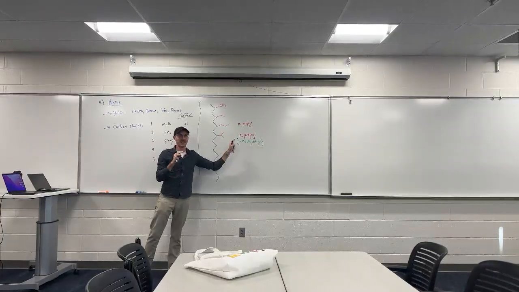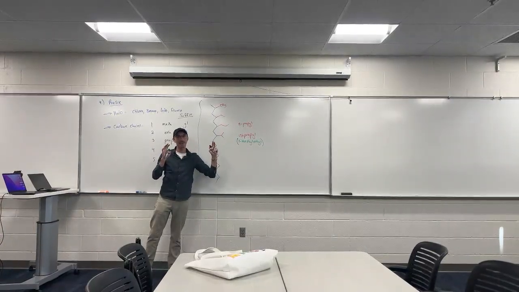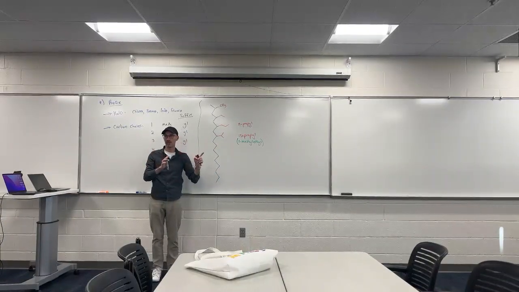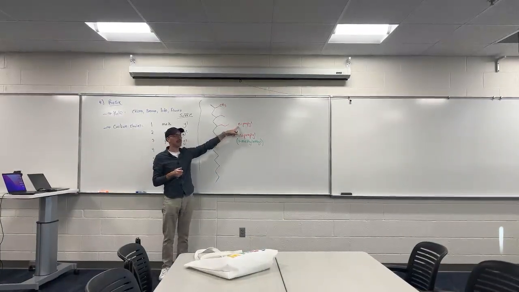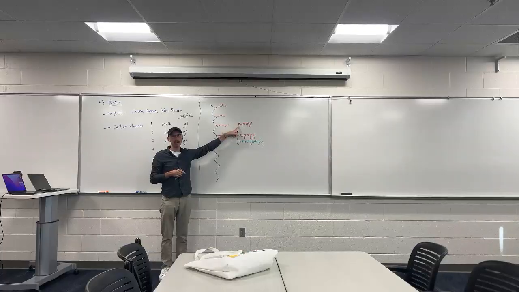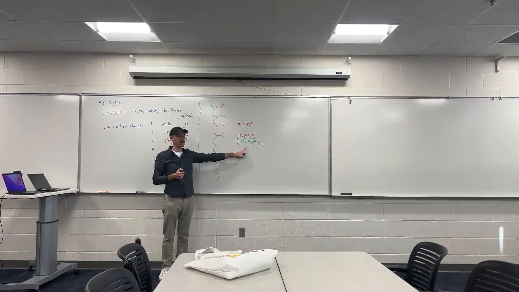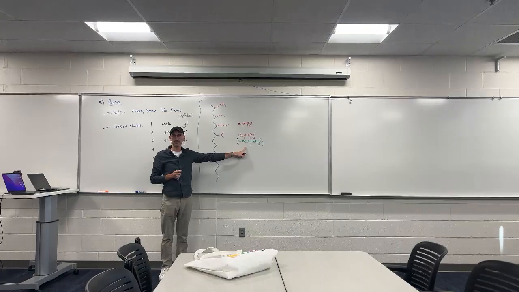So this is a systematic way of renaming isopropyl, 1-methyl ethyl. If you were to rename N-propyl, it would be 2-methyl ethyl, but that doesn't make any sense because that's just a straight chain of propyl. Do you see where this name comes from and why it can substitute isopropyl?